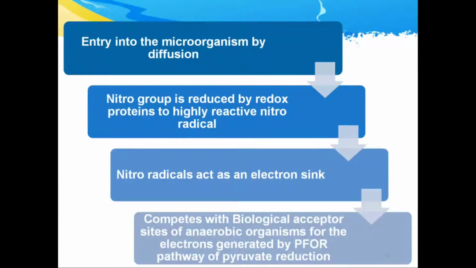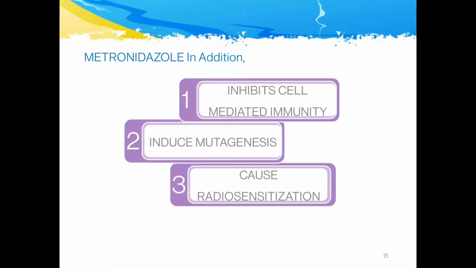The nitro radical acts as an electron sink, competing with biological acceptor sites of the anaerobic organism for electrons generated by the PFOR pathway of pyruvate reduction. Metronidazole in addition inhibits cell mediated immunity, induces mutagenesis, and causes radiosensitization.